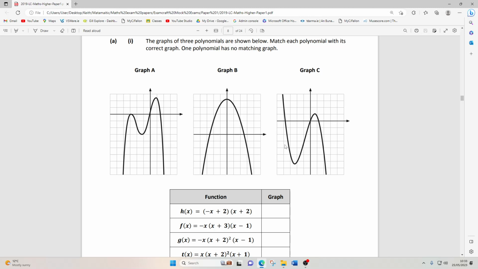Does that make sense? Okay, and therefore test with the graphs.